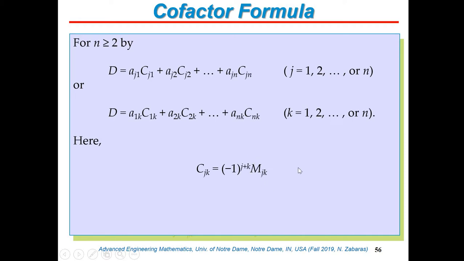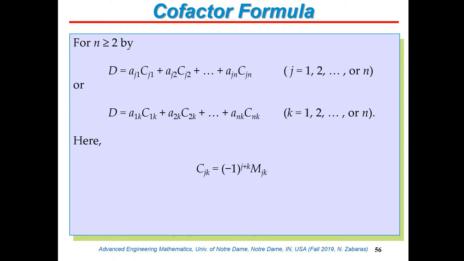Again, it's a determinant of an (n-1) by (n-1) matrix. And the expansion that I have shown you here is in terms of row j. You can write this in terms of any row, but also you can write this as an expansion in terms of the kth column of A, exactly the same result, right?